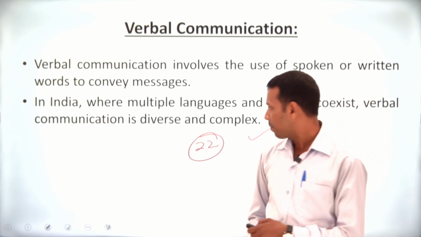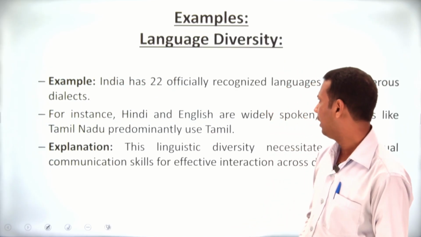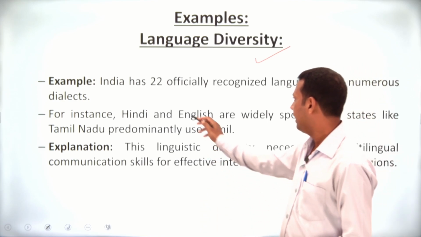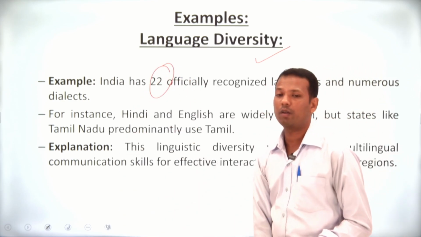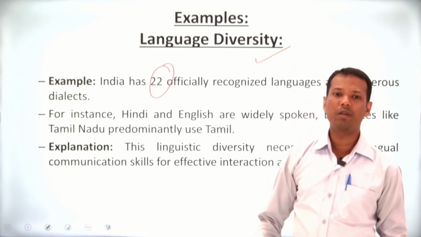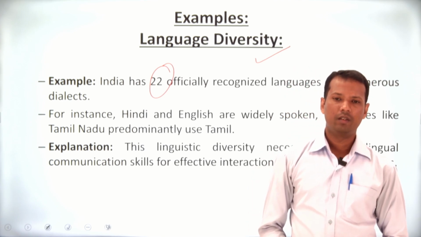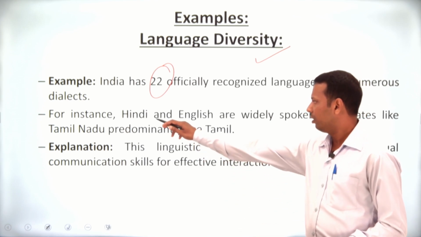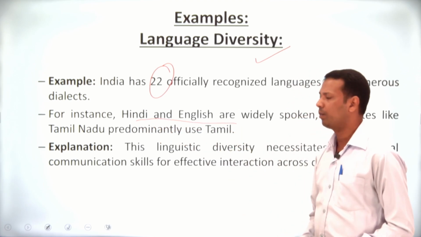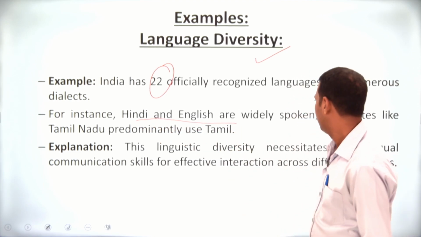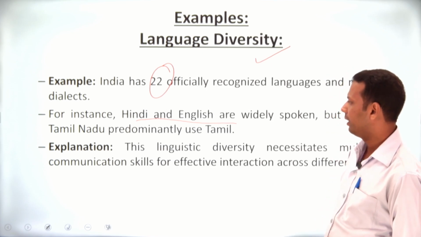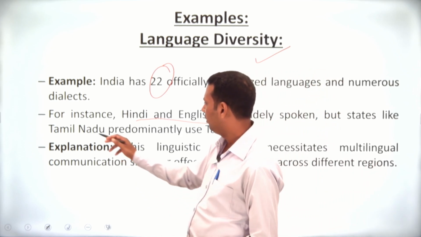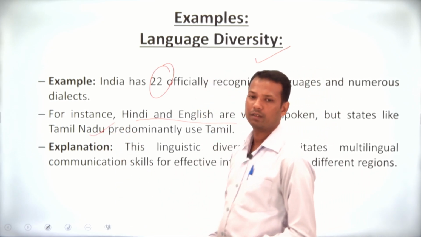Now, language diversity. As I've already said, India has 22 officially recognized languages and numerous dialects. For example, Hindi and English are widely spoken, but there are certain states in the south, for example Tamil Nadu, where they use neither Hindi nor English.